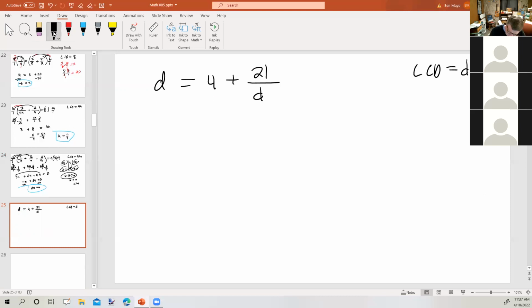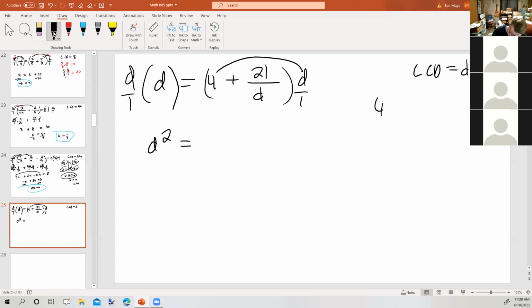Okay, so we're going to multiply both sides by just d. On the left side, I get d squared. On the right side, 4 times d is 4d, plus 21 over d times d over 1 is 21.